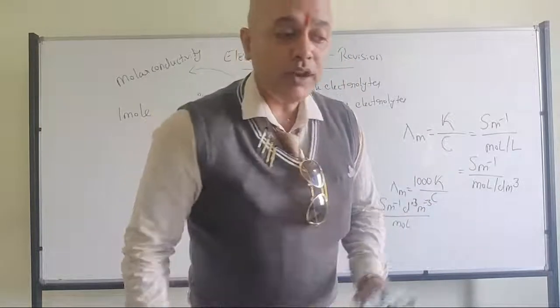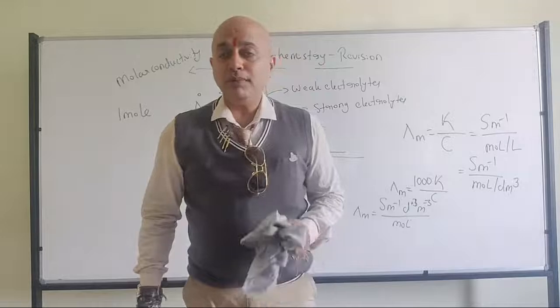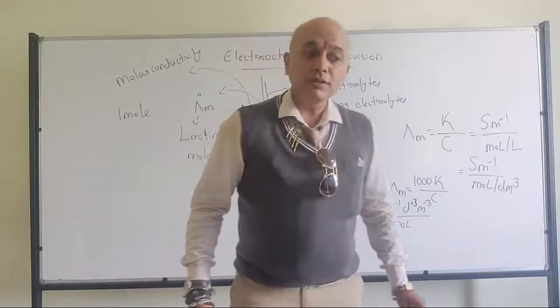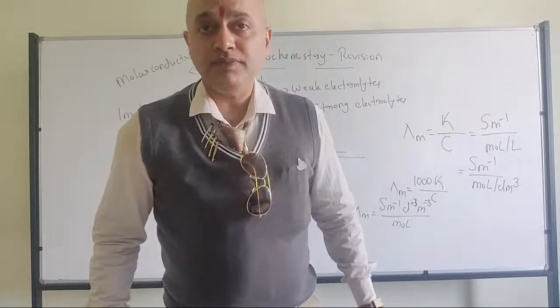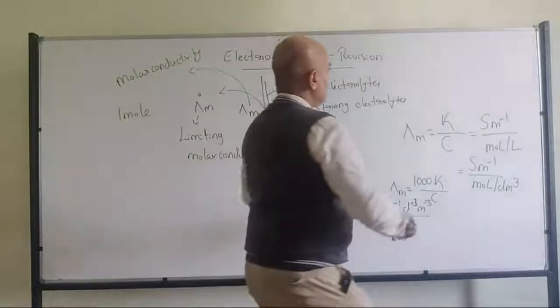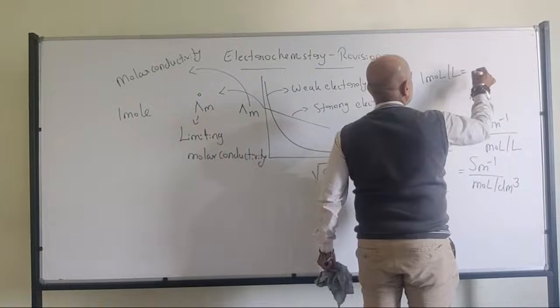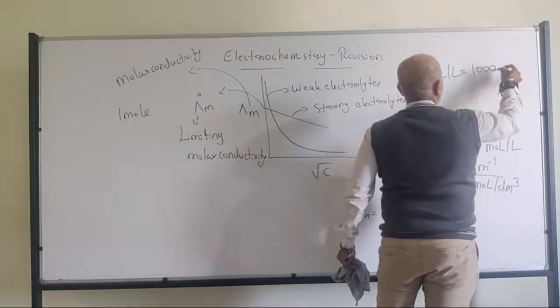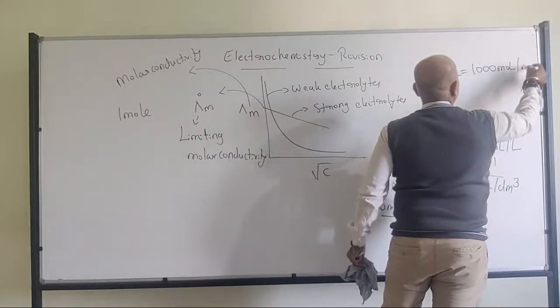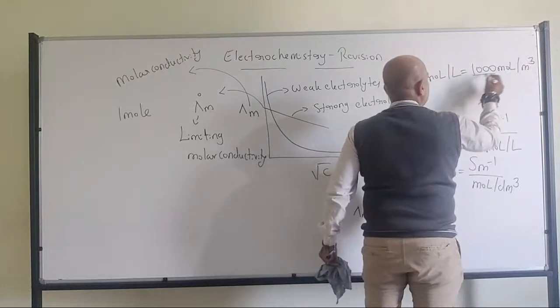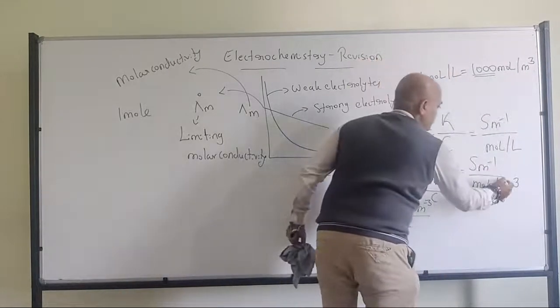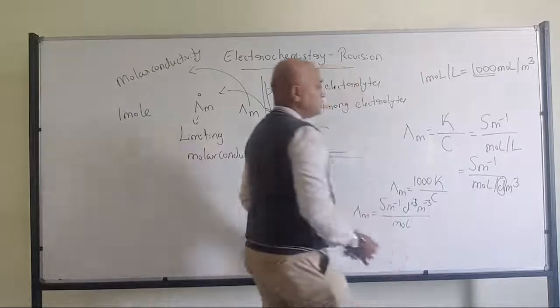So 1 mole per liter is nothing but 1000 mole per meter cube. Please remember this one. 1 mole per liter is equal to 1000 mole per meter cube. So from where did this 1000 come?